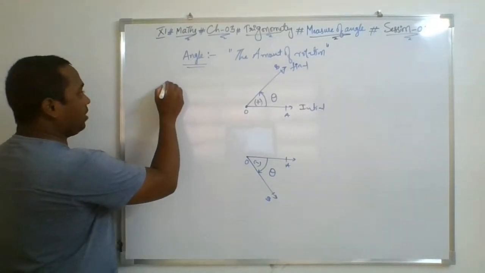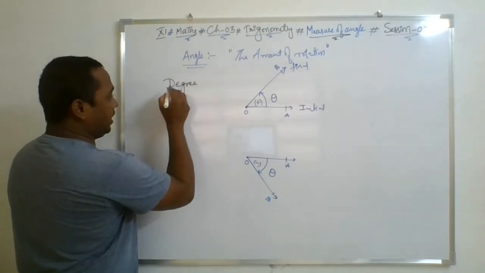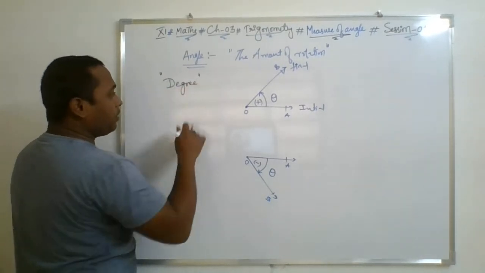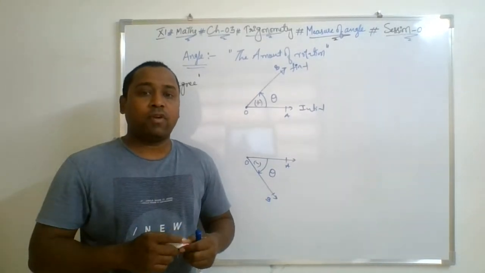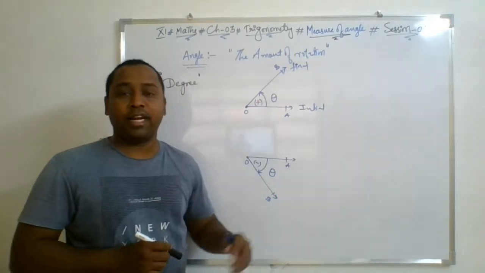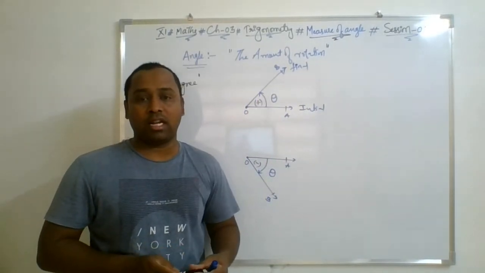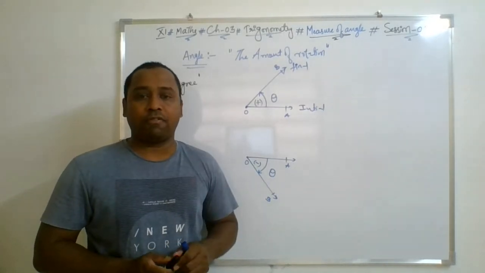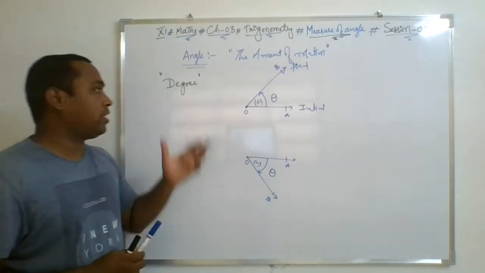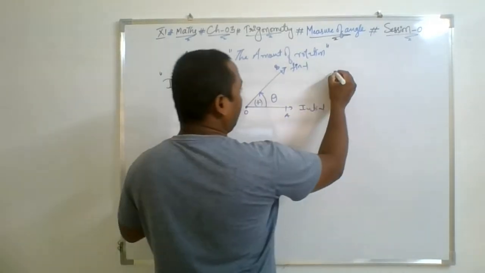So basically the angle can be measured in degrees. Apart from this, another measure is also developed accordingly. One is the degree, second is the radian, third is the grade system. But grade measure is not in our syllabus. That is why we are dealing with only two types of angles. One is the degree measure, second is the radian measure.